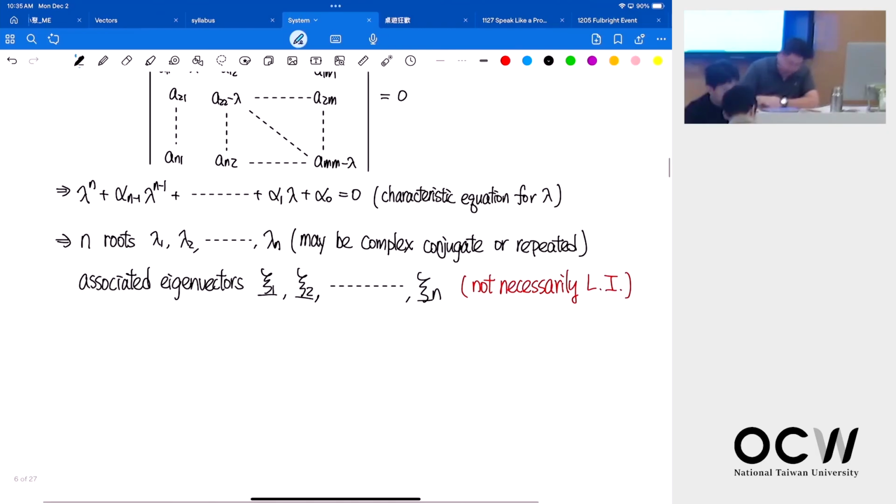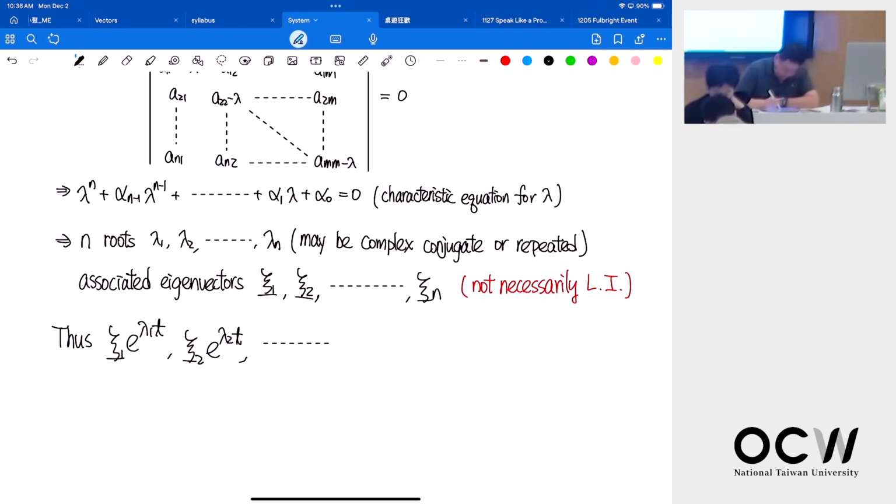So this combination, the c times the exponential: c1, c2, to cn.